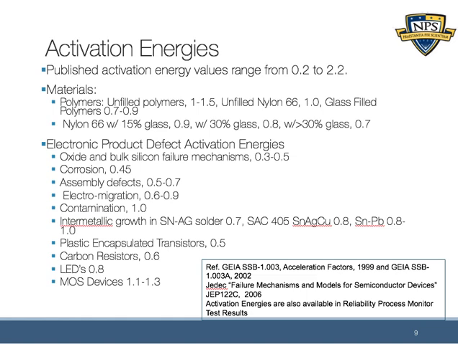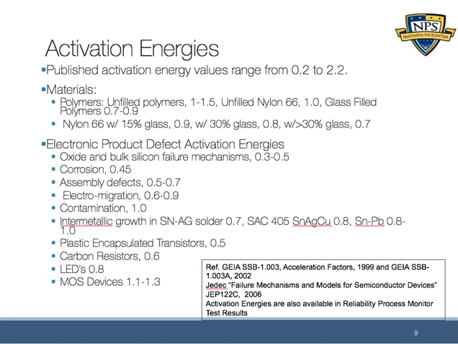The point being that the way that we choose the activation energies is by looking up the material and understanding what the activation energy is for the particular material. So it's a material dependent sort of value, and that makes sense, right? Because if we're looking at something cracking, a failure mechanism that ultimately causes cracking as a result of temperature cycling, then it would make sense that different materials would handle that differently.